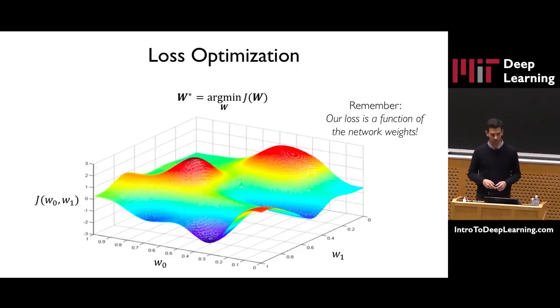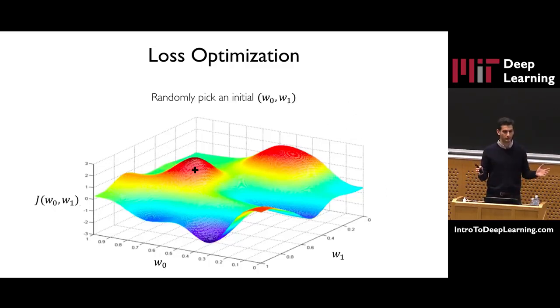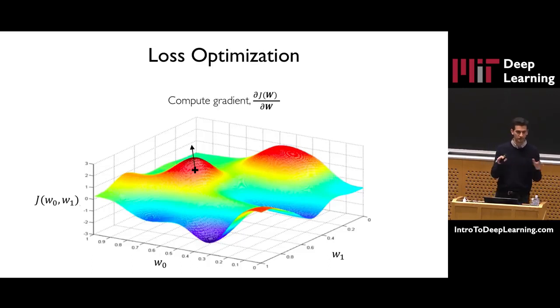Now, what do we want to do? We want to find the place on this landscape. What are the values of W where we get the minimum loss? Okay, so what we can do is we can just pick a random W, pick a random place on this landscape to start with. And from this random place, let's try to understand how the landscape is changing. What's the slope of the landscape?